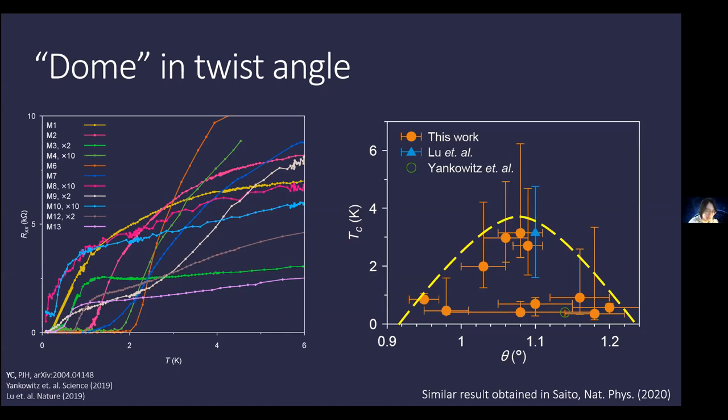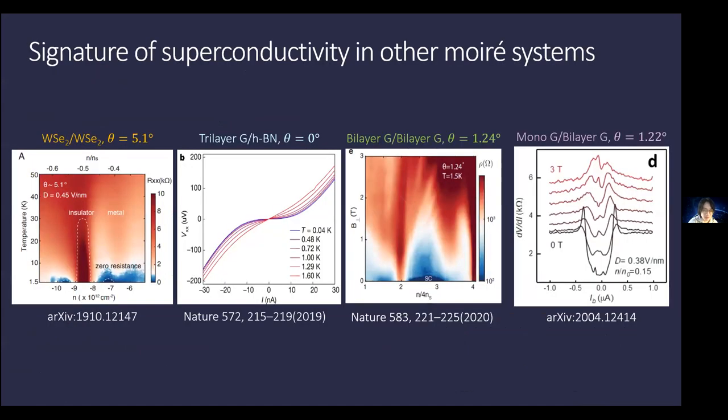Since our discovery of the superconductivity, there have been many other experiments on different Moire systems that also claim signatures of superconductivity near correlated insulator states, which Andrea also mentioned yesterday. But the evidence of superconductivity in all these systems so far seems to be quite subtle.